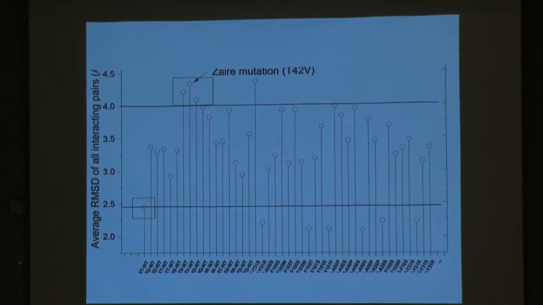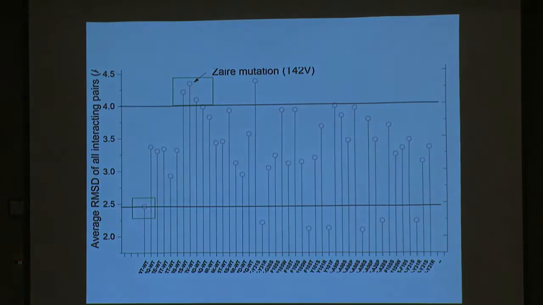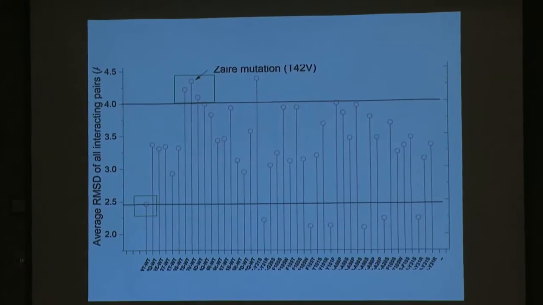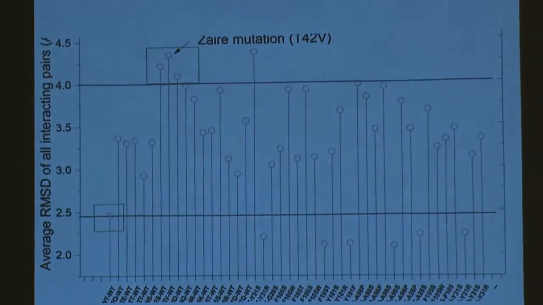What you're seeing along the bottom here are a whole bunch of single viral mutations interacting, which show that every single viral mutation that we make screws up the interaction.